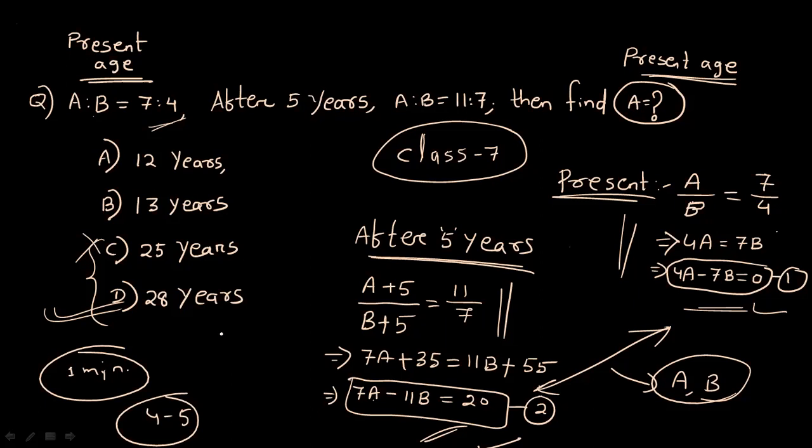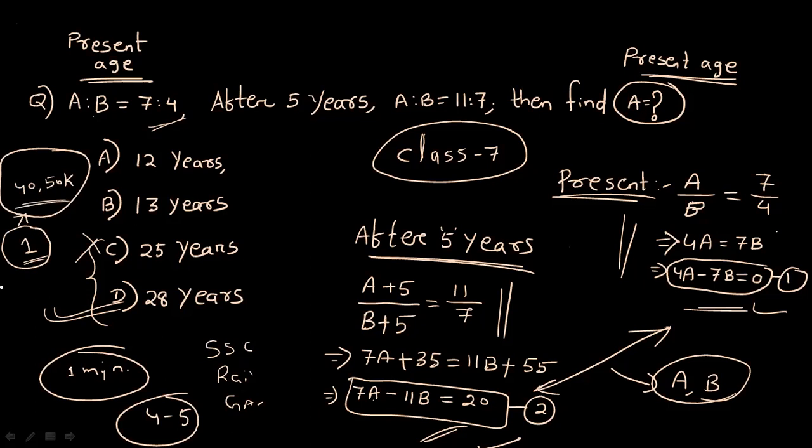Because if you are giving some central government exams, like SSC exams or railway exams or GATE exam, if you make a mistake of 1 mark, then in 1 mark, 40 to 50,000 students are there. Your rank will decrease for 1 mark.